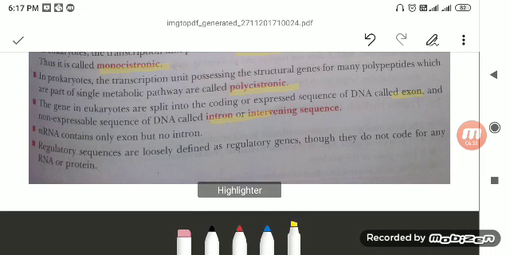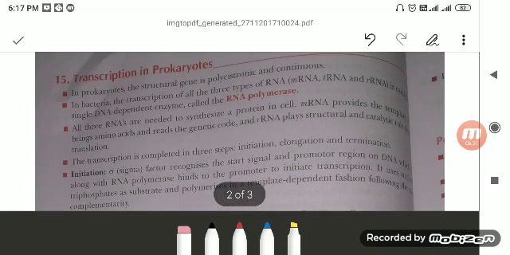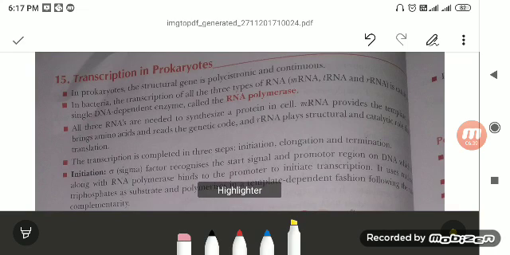So how does transcription take place? First in prokaryotes, that is in bacteria. In prokaryotes, the structural gene is polycistronic and continuous, because from one segment a number of polypeptides can be synthesized, and in bacteria the transcription of all three types of RNA, mRNA, tRNA and rRNA, takes place with the help of a single enzyme, RNA polymerase.